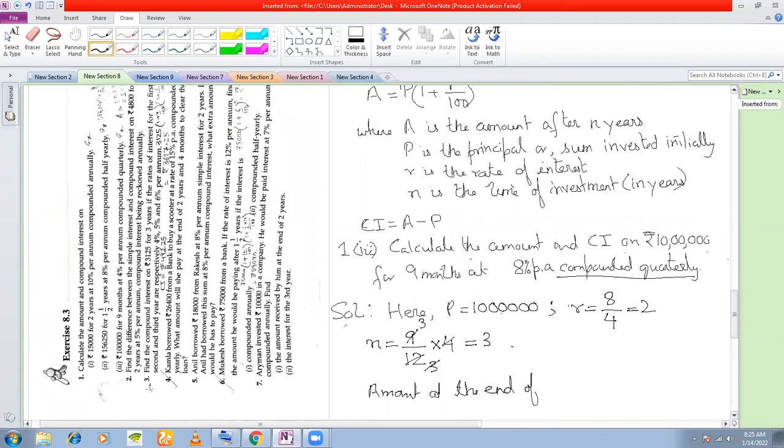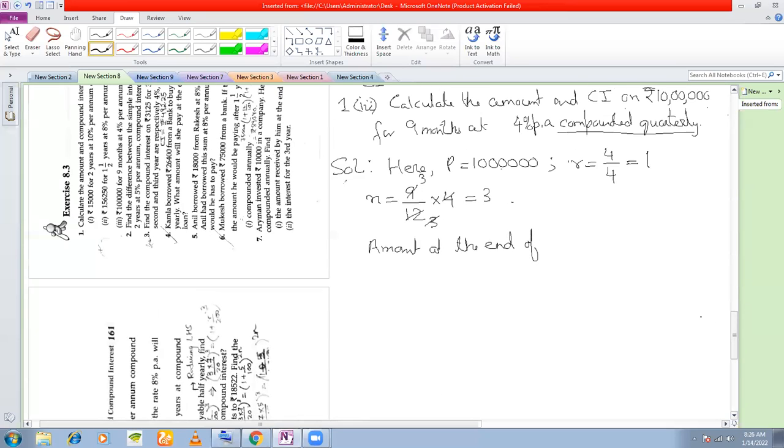Oh, I think this is 4%. The interest here is not 8%, it is 4%. So this was just a copying mistake. 4 divided by 4, we are dividing the rate by 4, so you get R is equal to 1. Okay, now this should work.